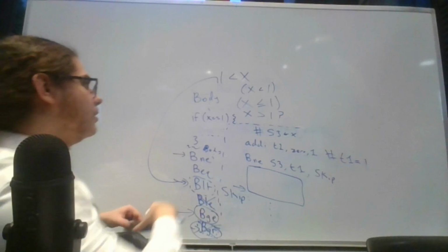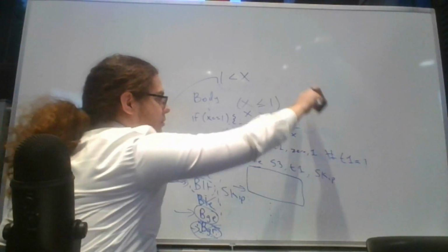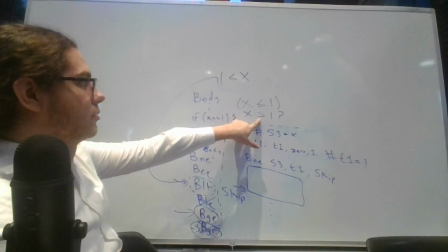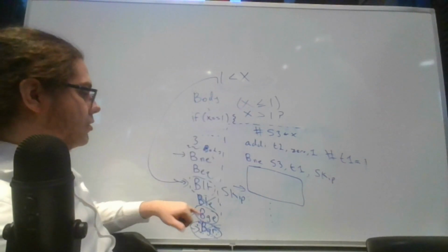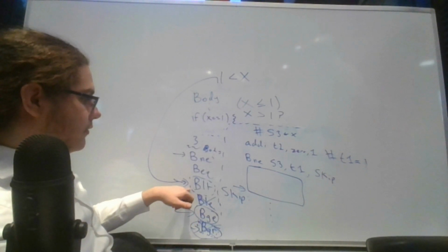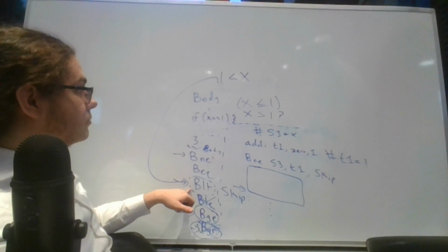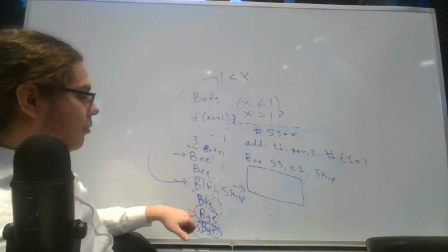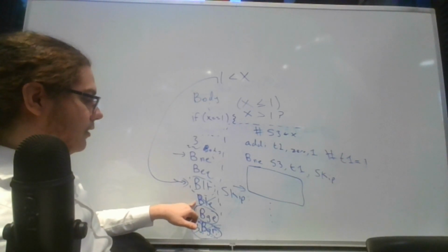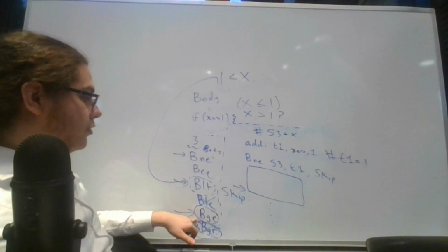No, that's not the one. Okay, I'm trying to think of which one the other one is. So here we have greater than, which is implemented in terms of less than. So greater than implemented in terms of less than. And what I want to do is for the other one, these two are kind of paired up together. You can represent less than or equal to in terms of greater than or equal to.